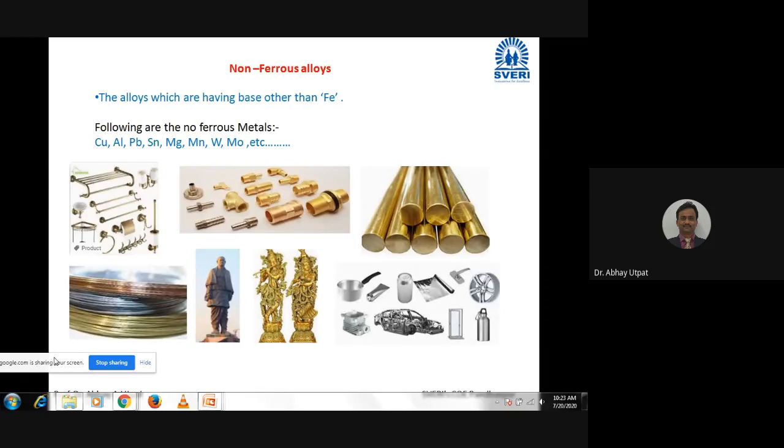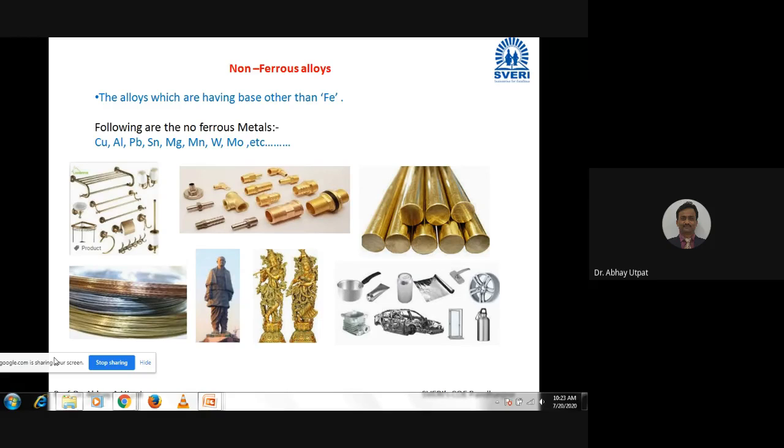That part I have already explained in lecture number 1 or 2. Ferrous content alloys are available in ample amount in the universe. That's why they are grouped at one place and all remaining alloys are grouped at the other place. So, the alloys which have a base other than iron are called non-ferrous alloys.